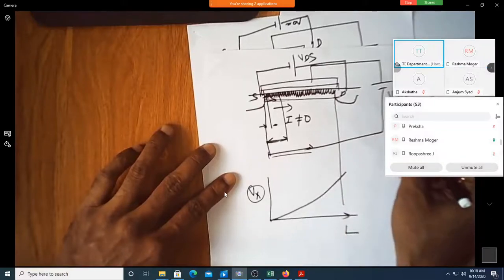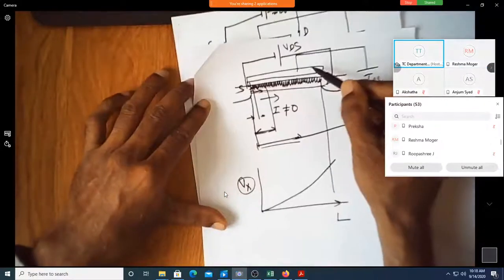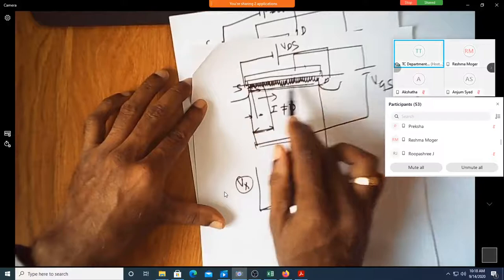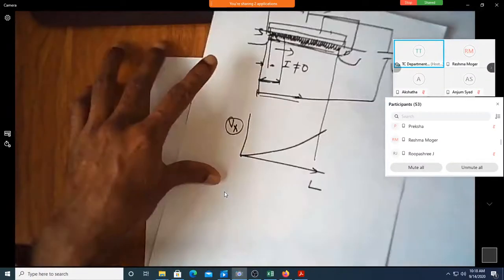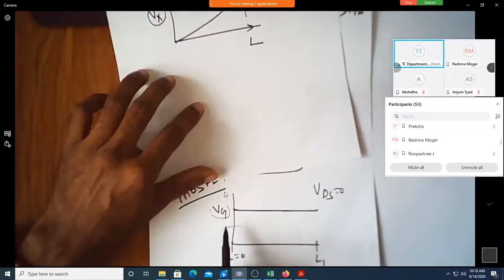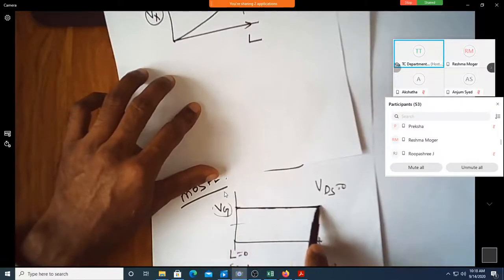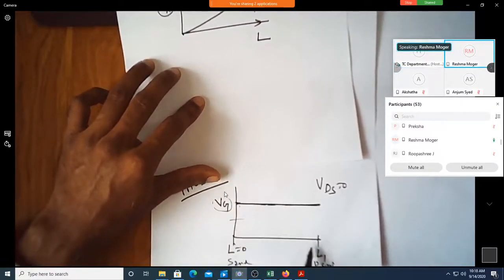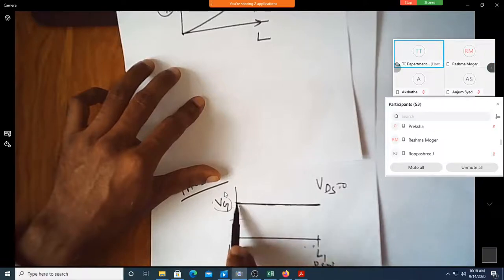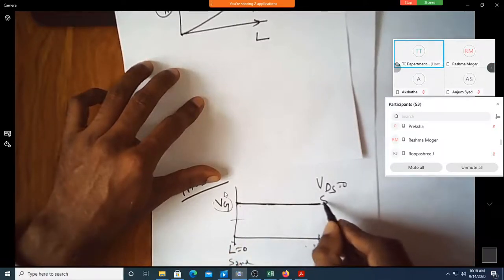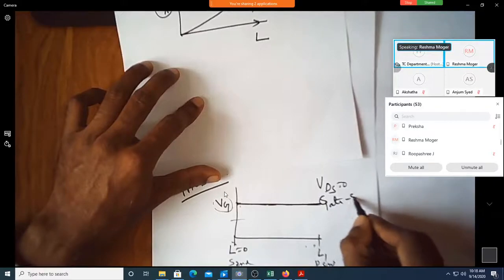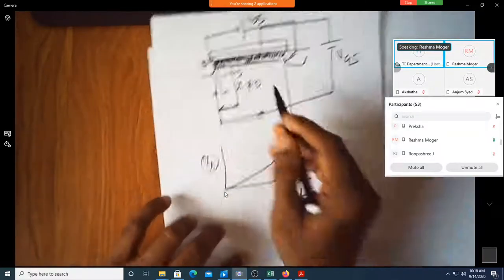So what was the gate to source voltage when there was no current flowing? As we discussed here, what was that voltage? Was it constant throughout? Yes, sir. Throughout the entire length of the channel, the gate to substrate voltage was constant because there was no current flowing.